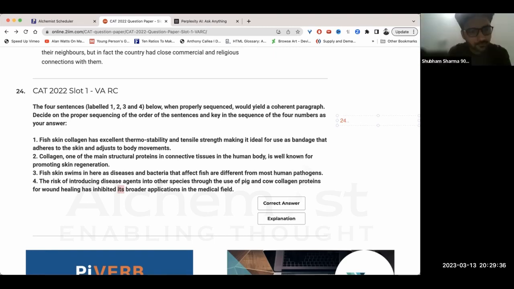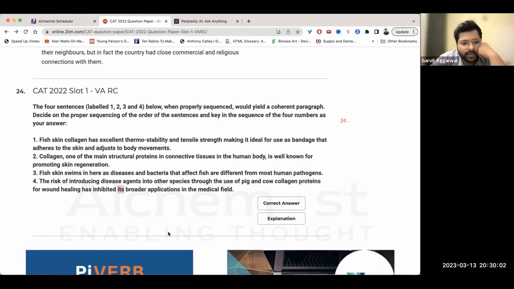Third. Fish skin, they swim in here. In here means in this discussion, to solve the problem of diseases. In the discussion of using animal collagen.